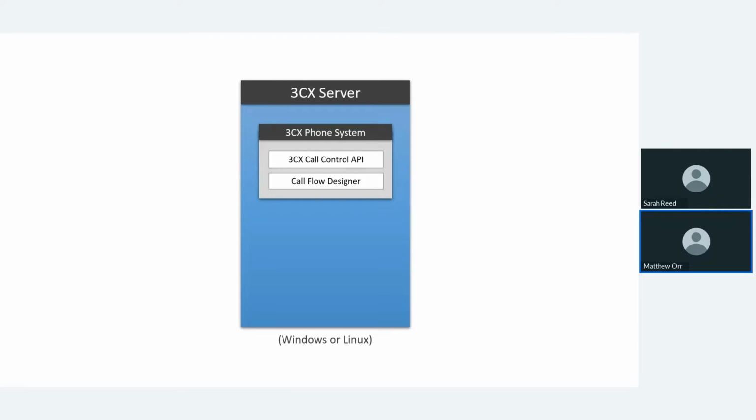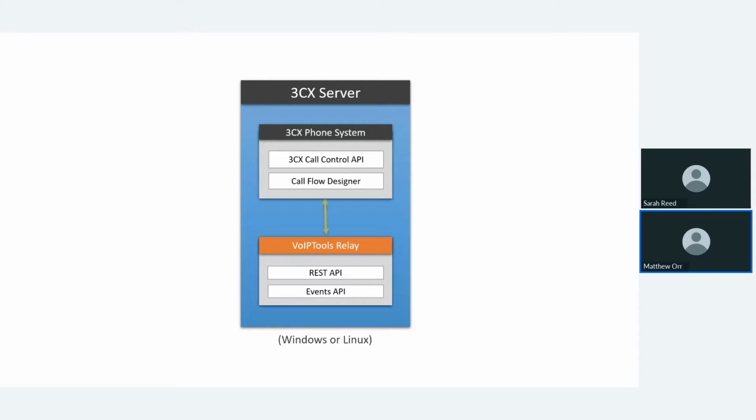On this same server, the 3CX server, you will also install our relay. This relay has 2 important components, the REST API and the Events API, and it is through these APIs that our applications communicate with the 3CX server.